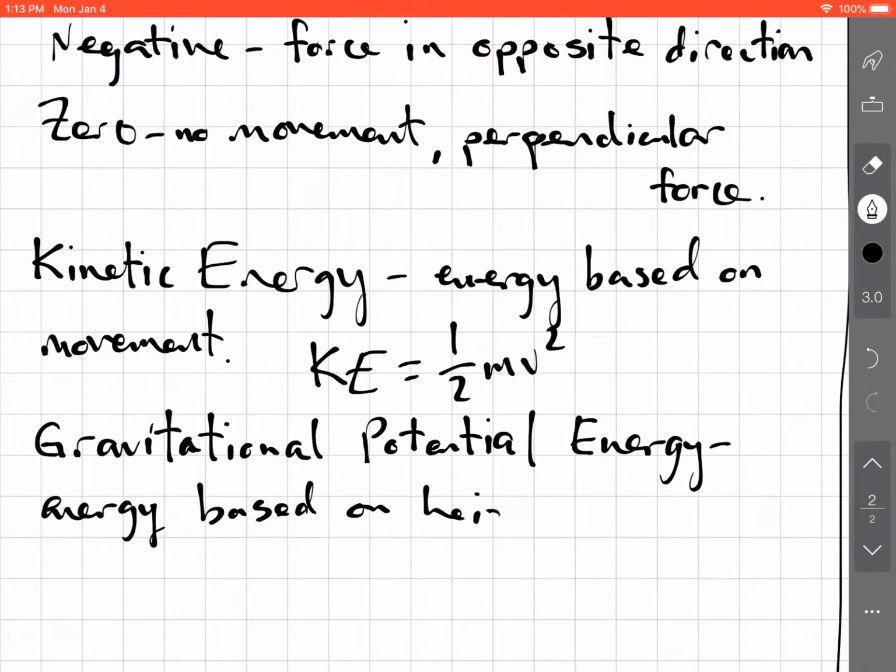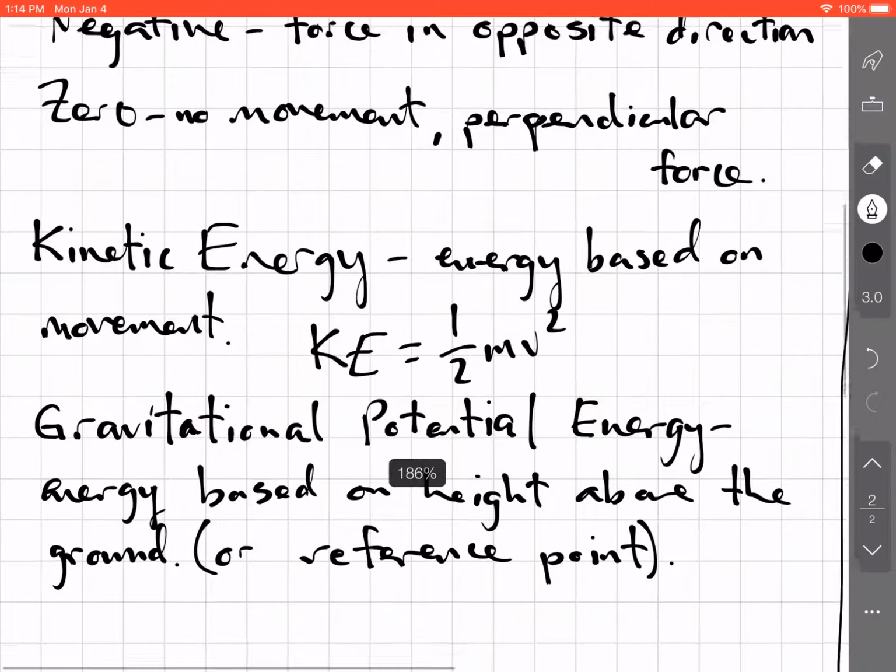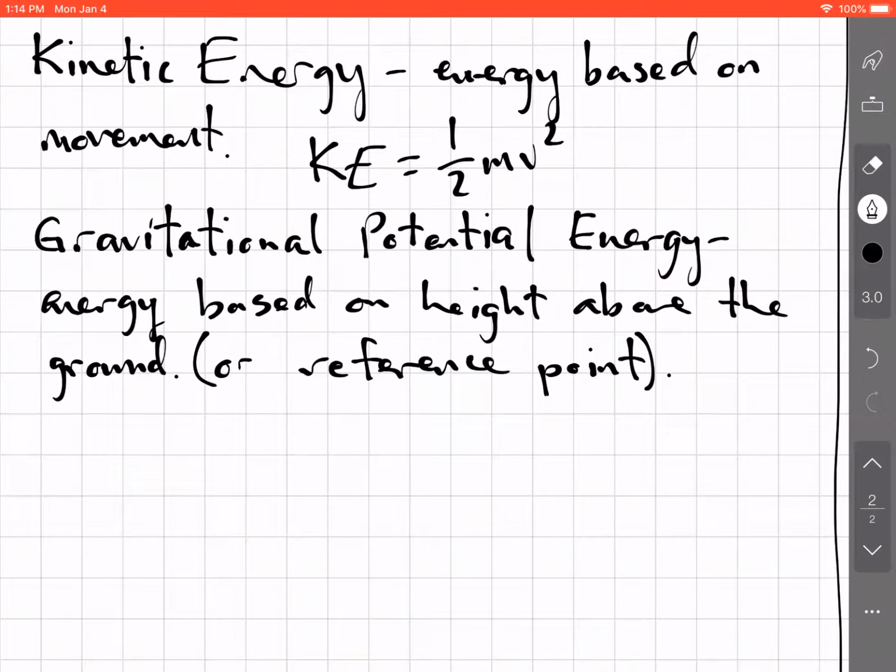And really it's a height above the ground or above a 0 point or a reference point, but most of the time it's how far is it above the ground. But I will put in here or reference point. All right. So those are the two kinds of energies we have. So the equation for gravitational potential energy is just mass times gravity times height.